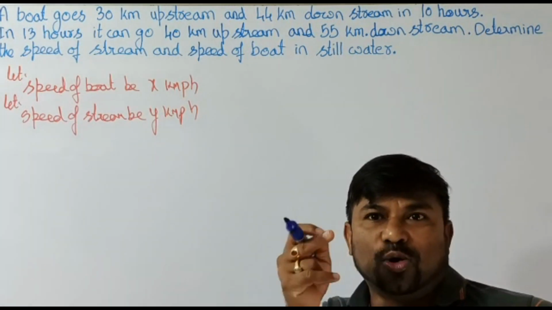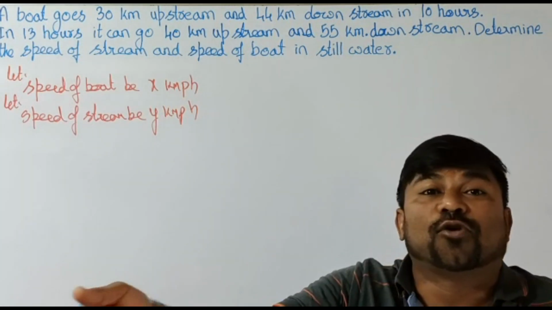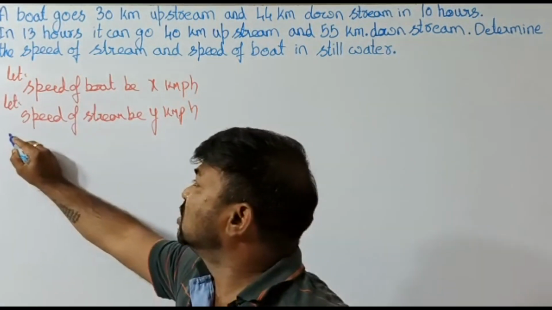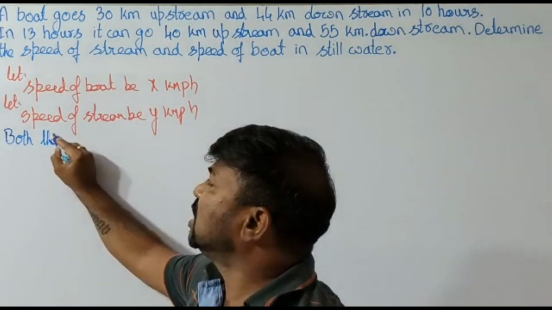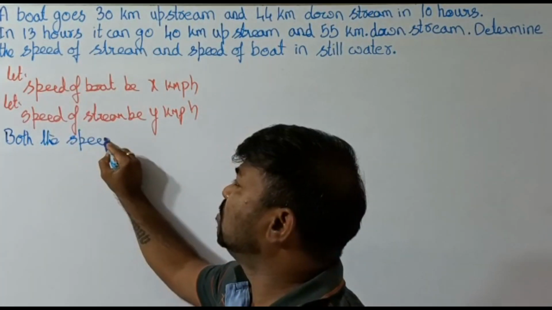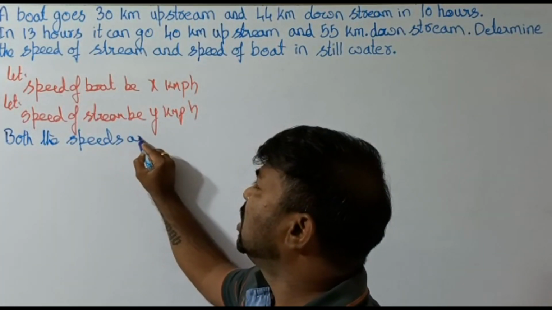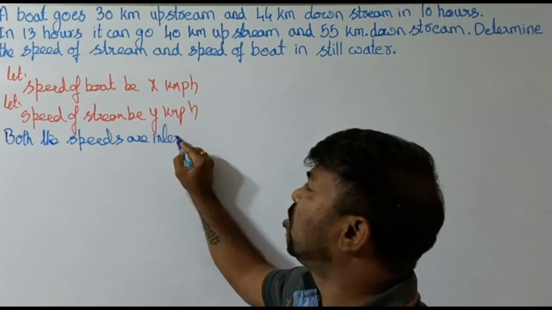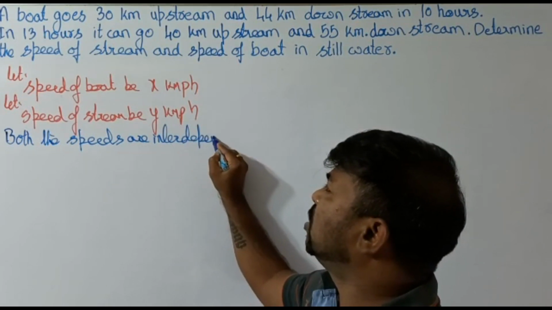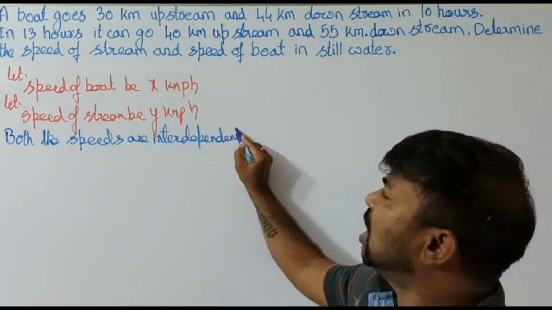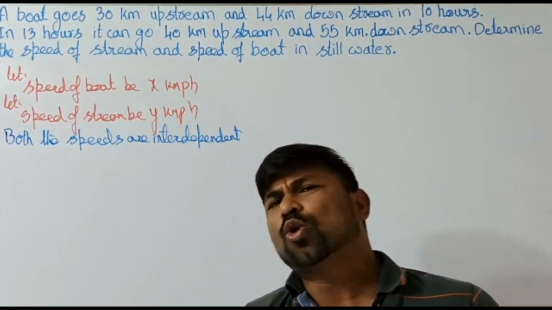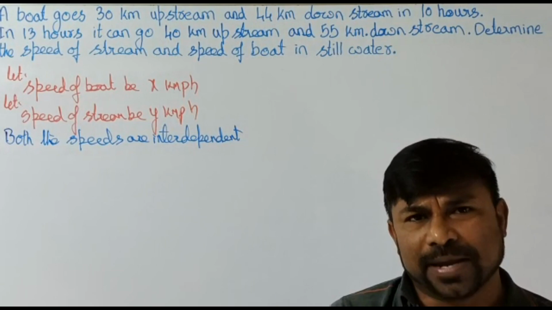The speed of the boat is dependent upon the stream flow. You have to remember the speeds are interdependent. What do you call them if they are interdependent?